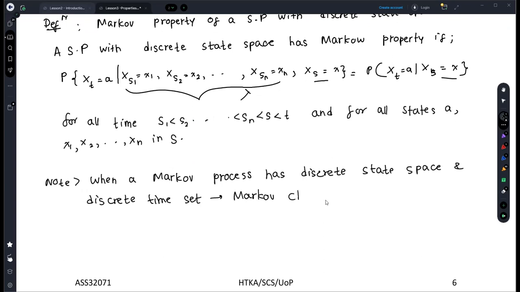So what is a Markov chain? It is a stochastic process with the Markov property. So we can say a Markov process which has both discrete state space and time set. Right? So we are learning about Markov chains in detail in a later chapter. Okay.